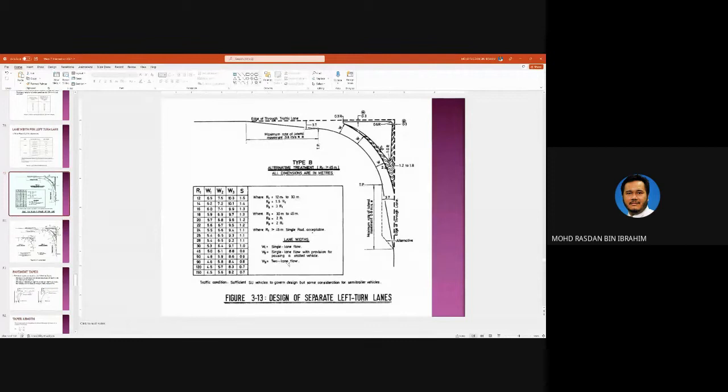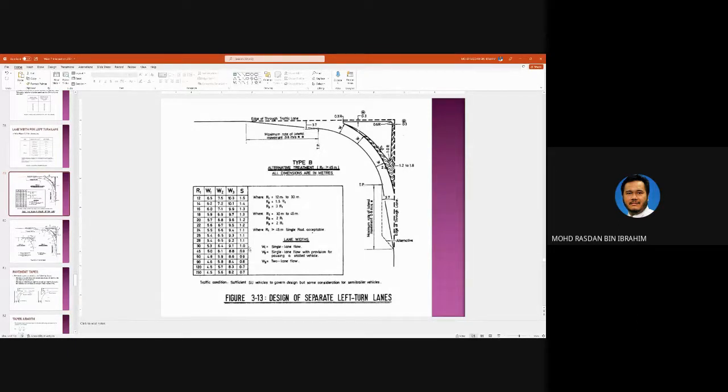Two lane flow is W3. If you want to allow 2 lanes, then W3 is 10.3. This is for R1 equal to 12. So it is charted here, tabled here, R1 from 12 to 150.